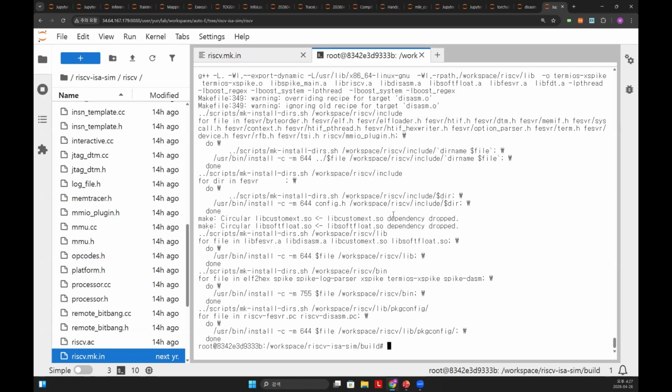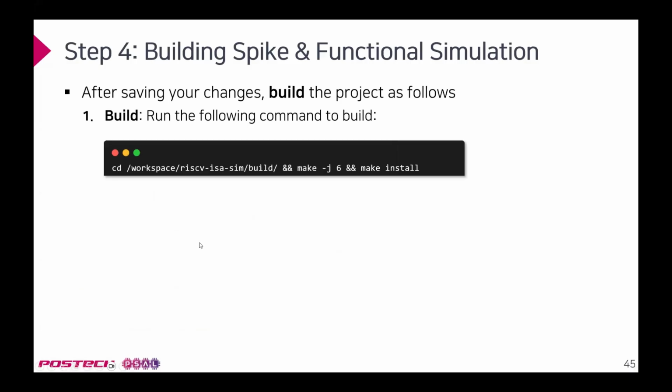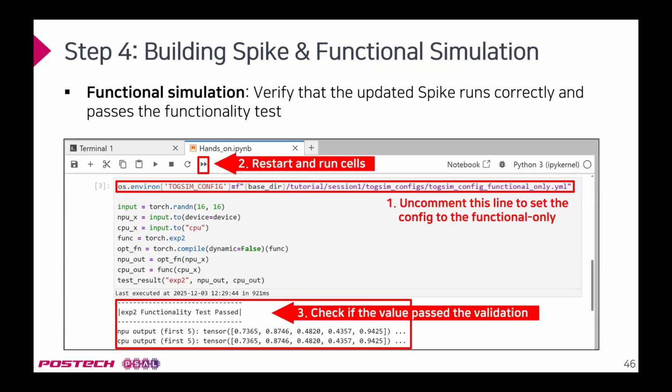It should look like done. After the build, you can run functional simulation using the functional only configuration. So before running all the cells, please make sure to uncomment the first line as shown here.